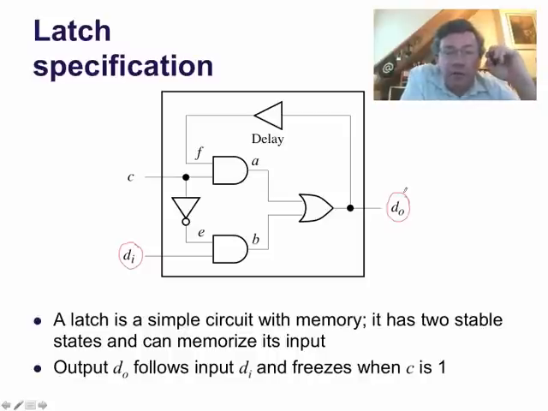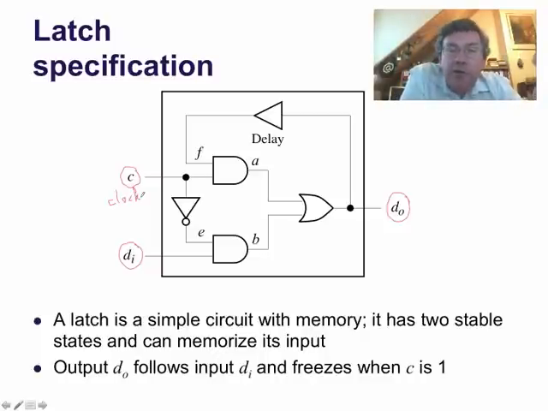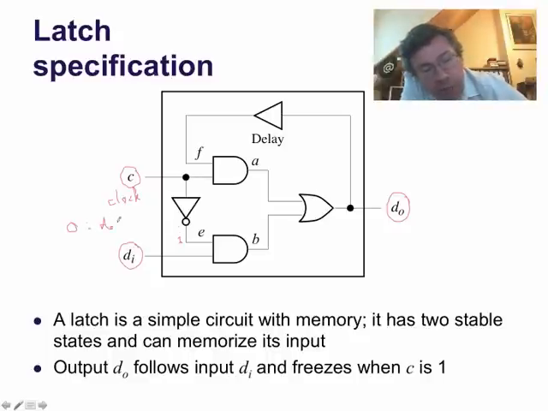And for the input signal, there's two possibilities. We have here a C, a clock, which controls how the input signal and the output signal are related. So if the clock value is 0 here, this makes it a 1 here, and in the value E, that means the output is going to be equal to the input.